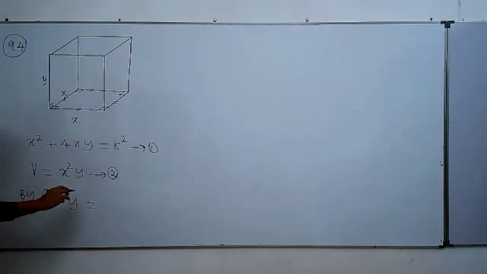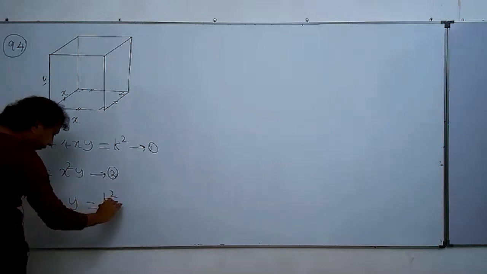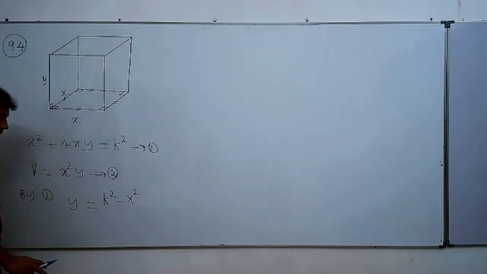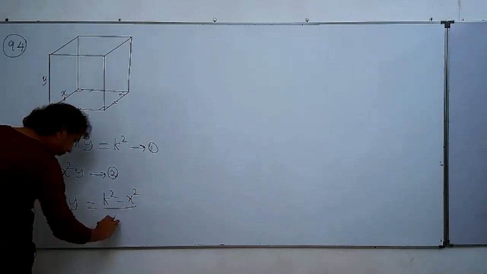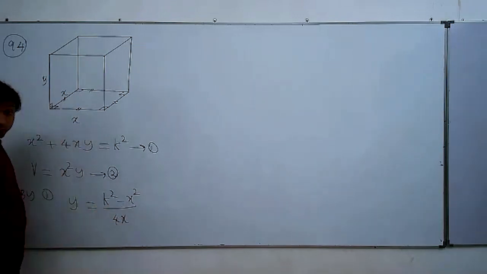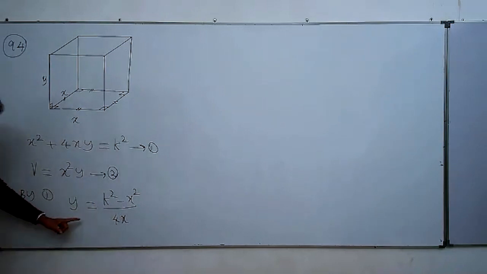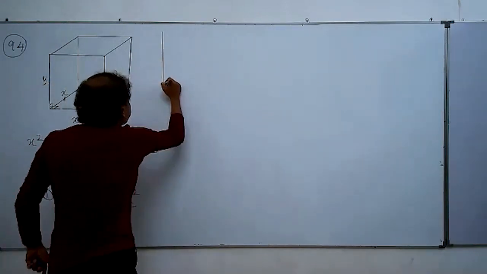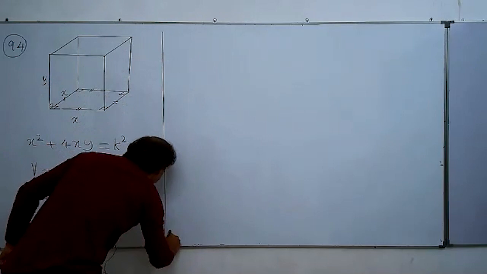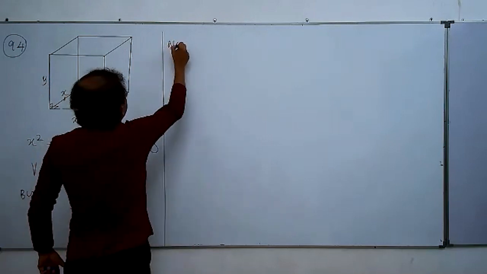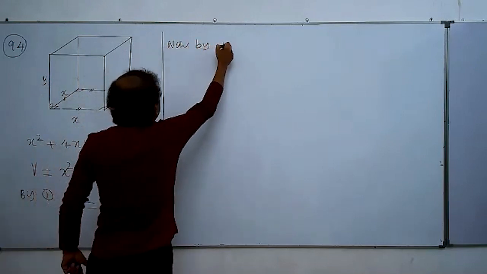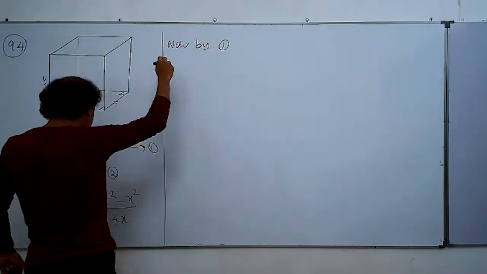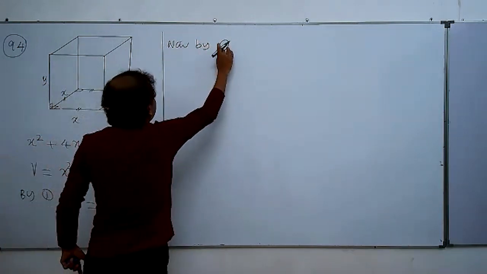Take this x squared to the right hand side and divide by 4x. Now this y, we substitute in number 2 in place of y.